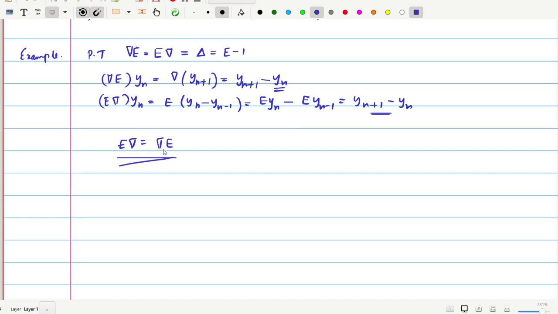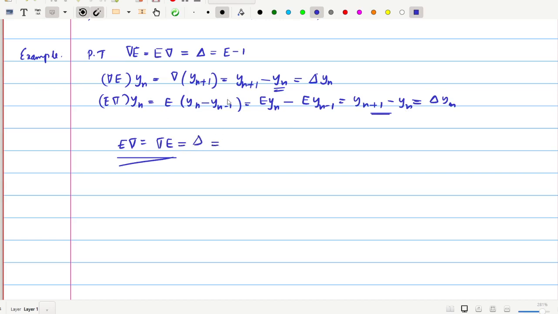So these two operators commute with each other, and this yn plus 1 minus yn can also be written as delta of yn. By definition delta of yn is yn plus 1 minus yn. So we equate E del and del E as delta itself.